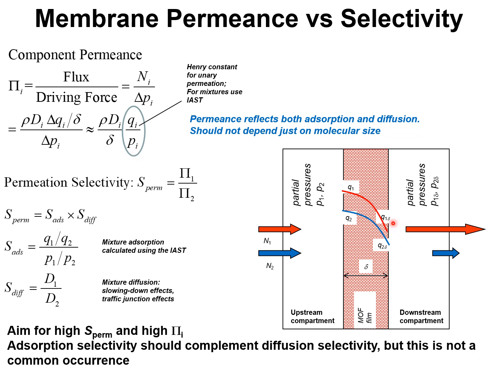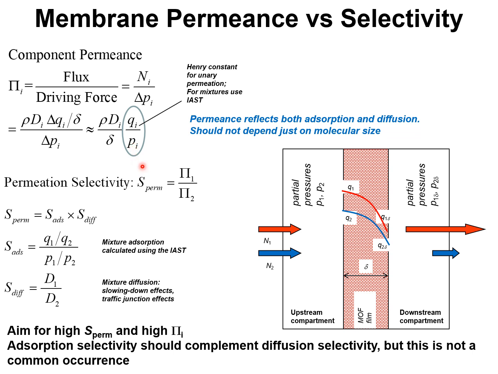Similarly, if the downstream loadings Q1 delta and Q2 delta are significantly lower than the upstream loadings Q1 and Q2, then delta Q can be replaced by just Q. So we have the permeance as a product of rho times the diffusivity divided by delta times the ratio of the loading to the partial pressure.